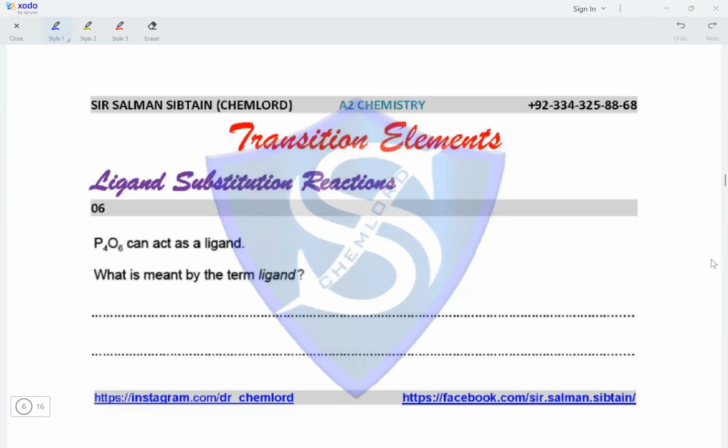Question 6. P4O6 can act as a ligand. What is meant by the term ligand?